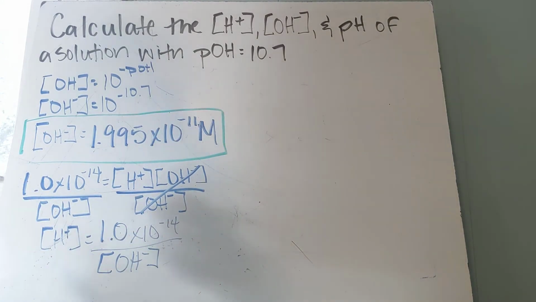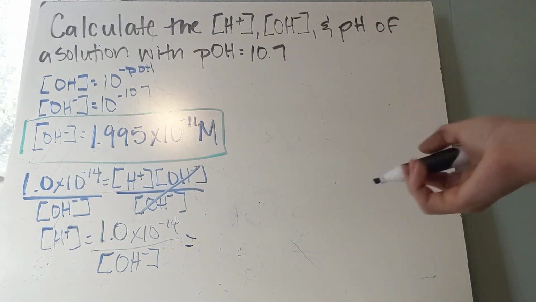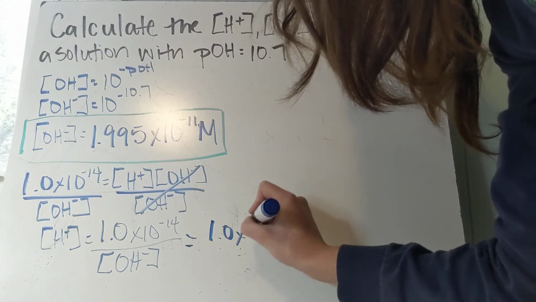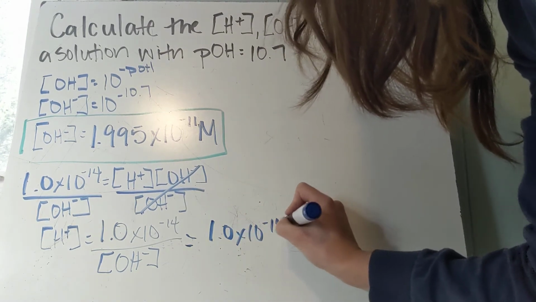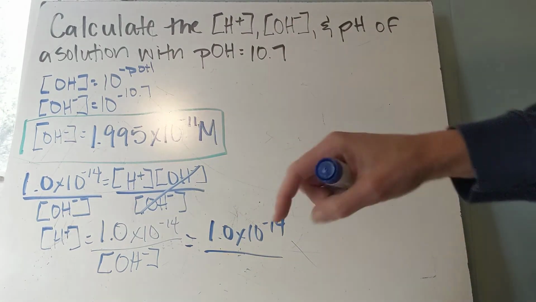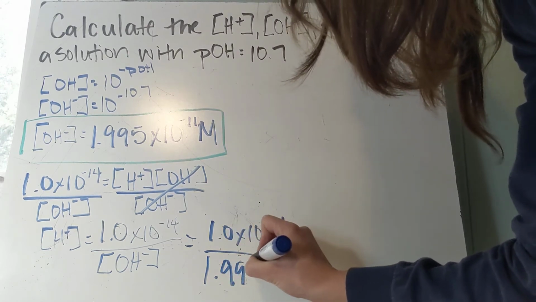So 1.0 times 10 to the negative 14th divided by my OH minus. Remember, that's one of those that I calculated. Well, it's the only one that I've calculated so far.